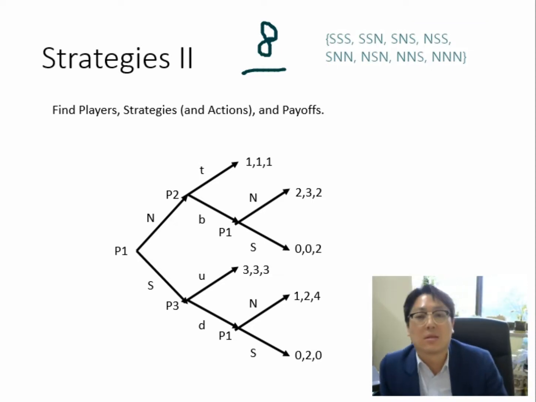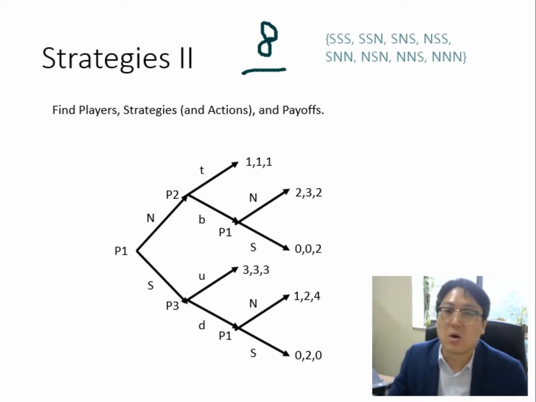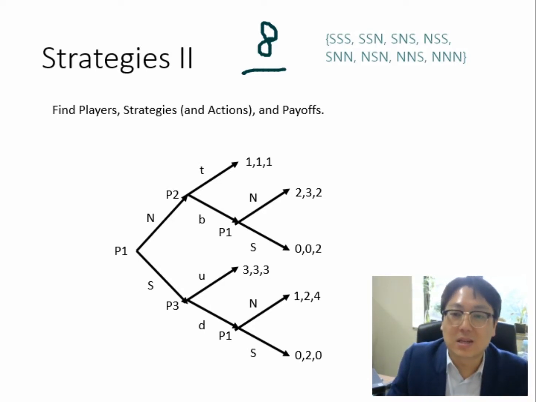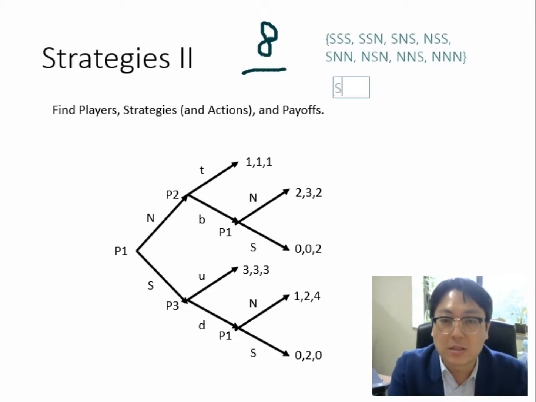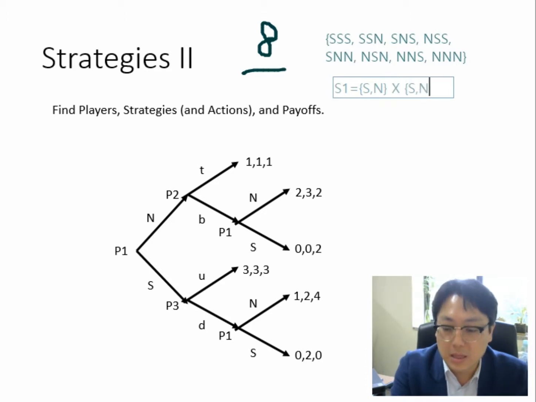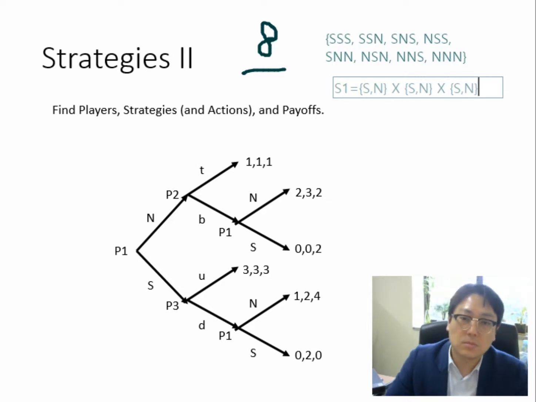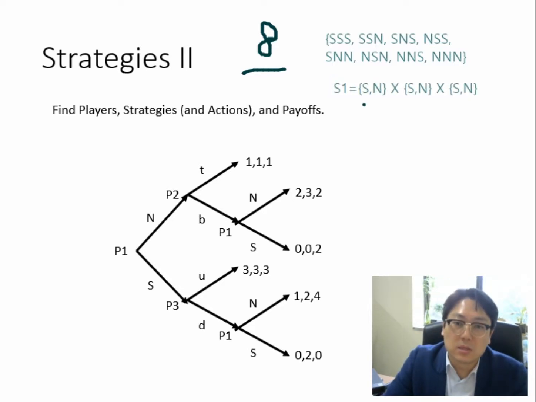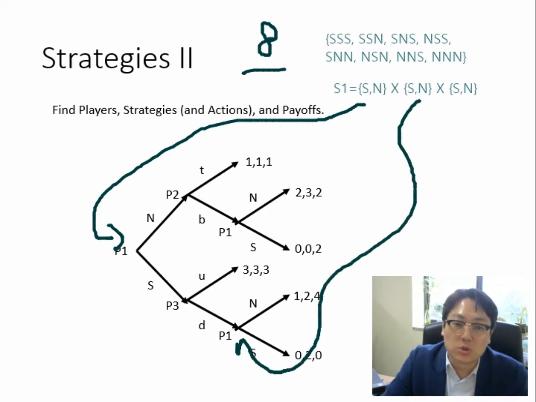This is the first player's strategy set. Also, we can represent this as a Cartesian product, like this: the strategy set of player 1 is Sn times Sn times Sn. Again, this is what he is going to choose at this node. This is what he is going to choose here.